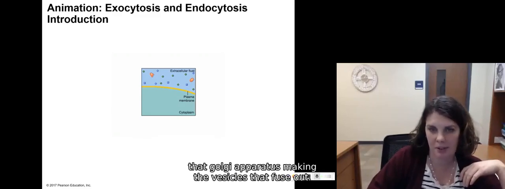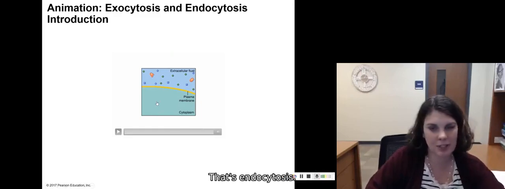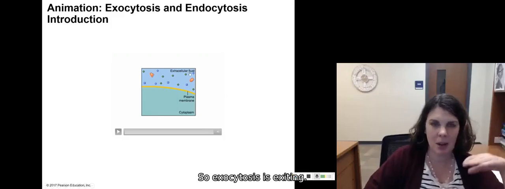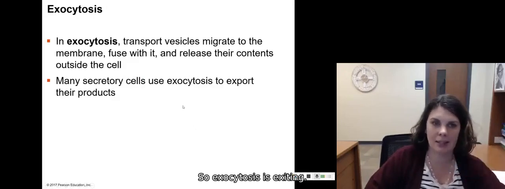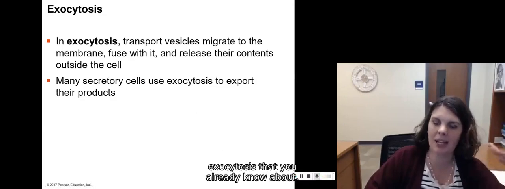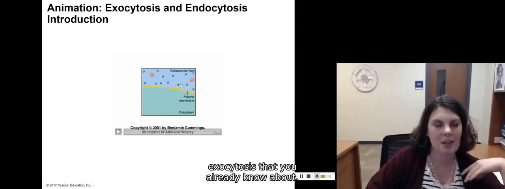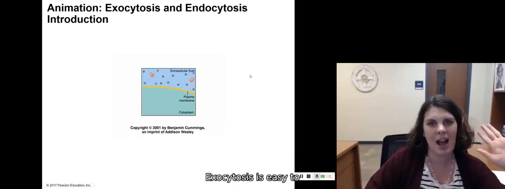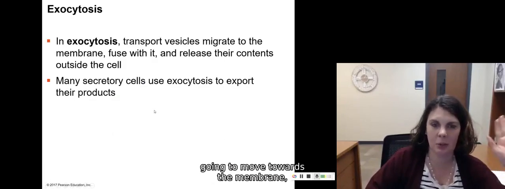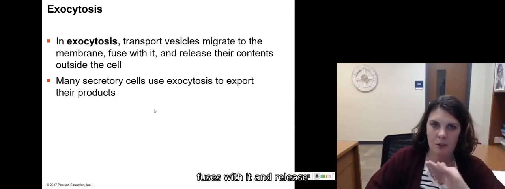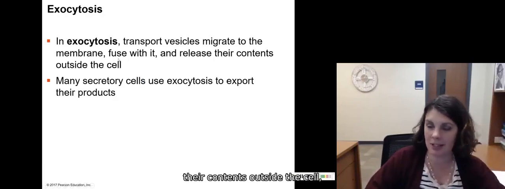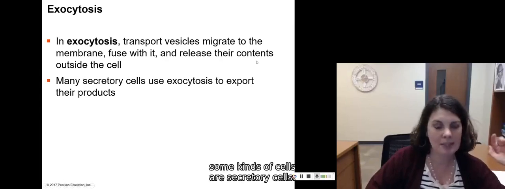Okay, so just like that Golgi apparatus making the vesicles fuse out, that's exocytosis. You already know that one. I just said that backwards. So the vesicles fusing out is exocytosis that you already know about. Exocytosis is using transport vesicles that are going to move towards a membrane, fuse with it, and release their contents outside the cell, just like you just saw.